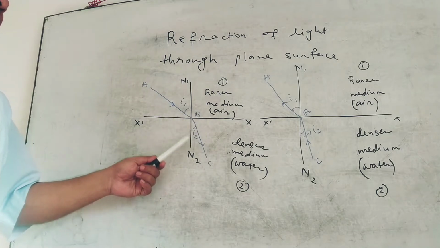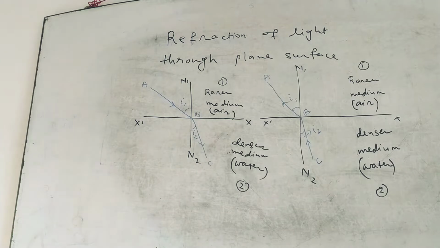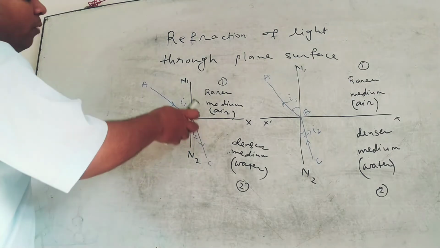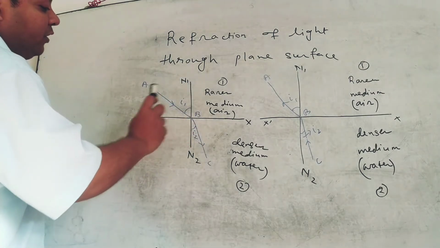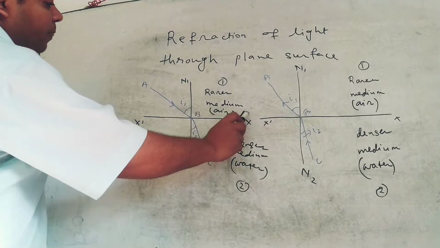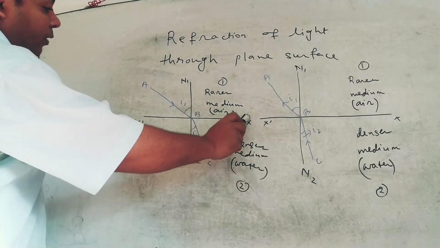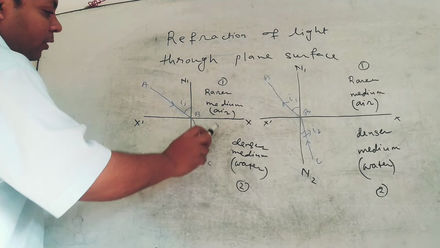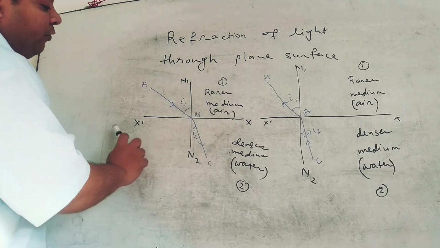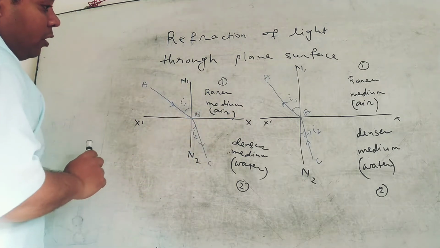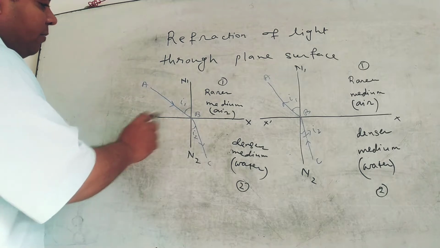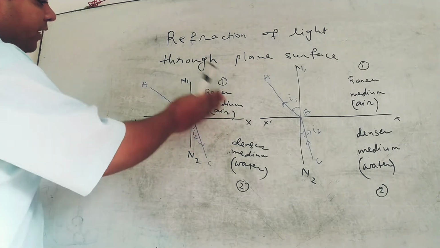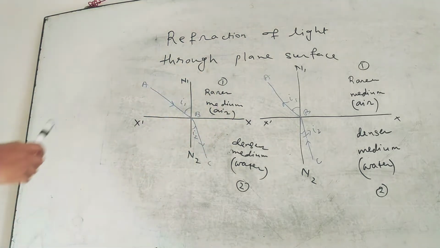After refraction, the refracted ray moves towards the normal drawn at the point of incidence on the plane of division between the two media, that is X prime X here, the line which separates the two media.